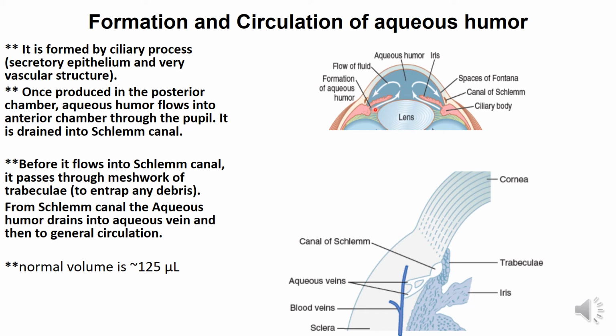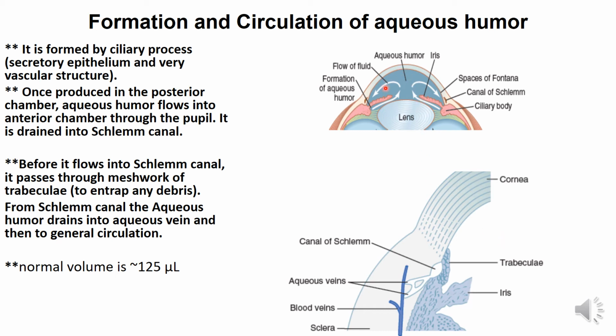The place where the aqueous humor is formed, this space, is called the posterior chamber, and this space is called the anterior chamber of the eyeball. So aqueous is formed in the posterior chamber, and it is drained from the anterior chamber.